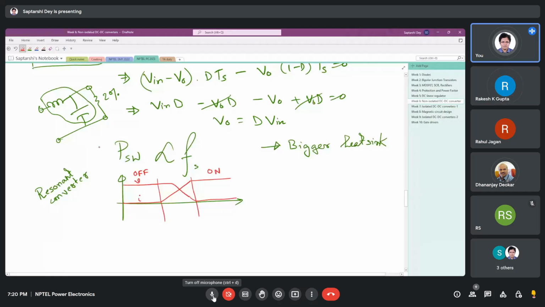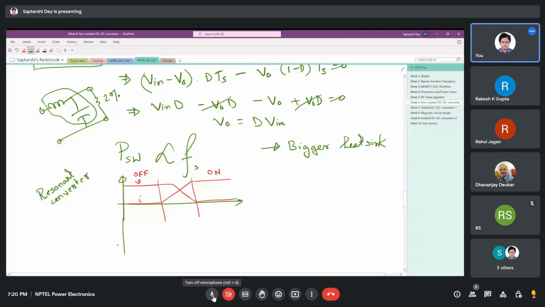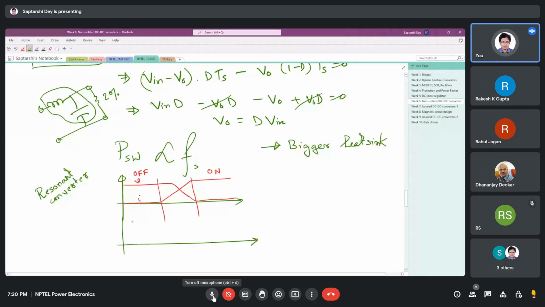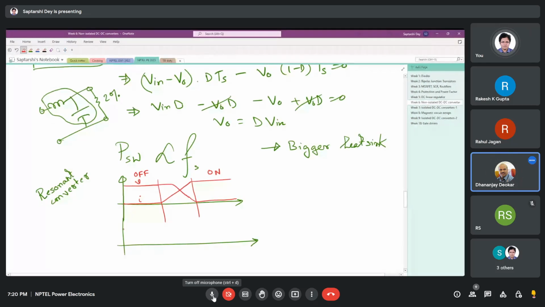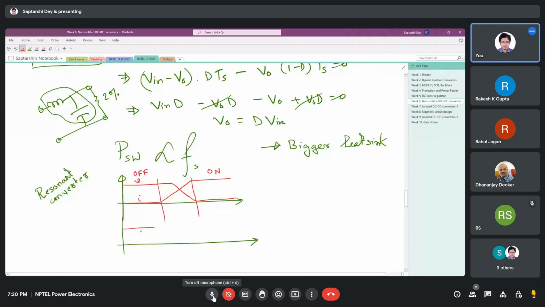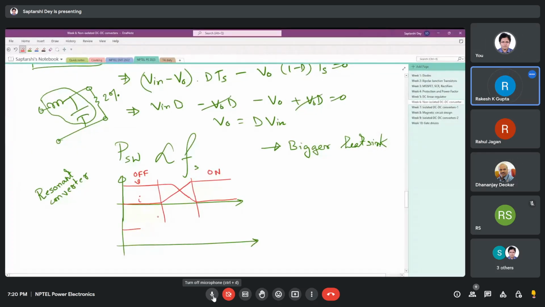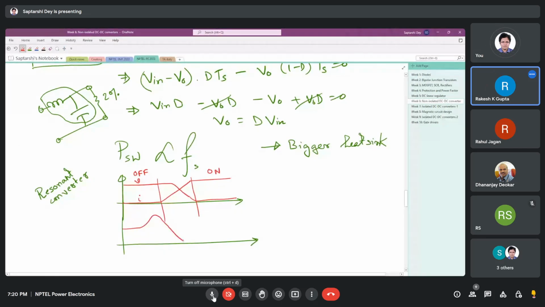In a resonant converter, apart from the output LC filter, there are other high frequency LC tanks introduced in the circuit, which cause this voltage, instead of going like this, to resonate, shoot up like this maybe, then fall.